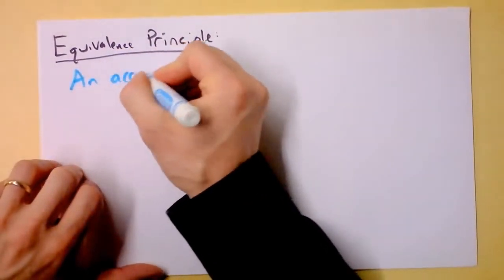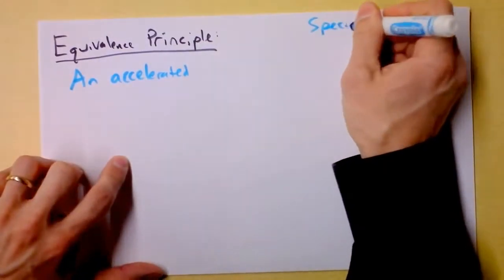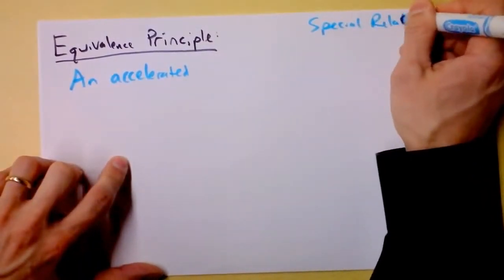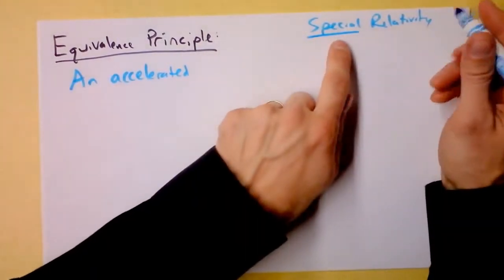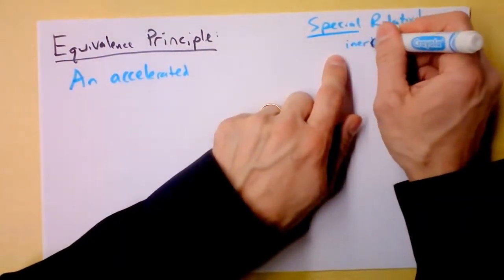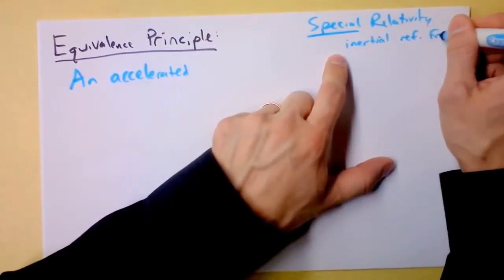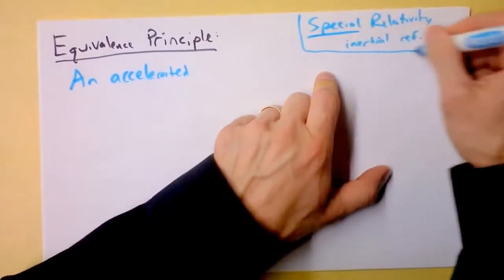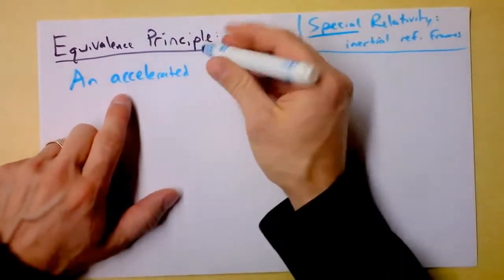An accelerated reference frame. Do you remember special relativity? Special relativity was considering only those special circumstances in which we were in inertial reference frames. So we're leaving that little box right there, and we're moving over to accelerated reference frames.